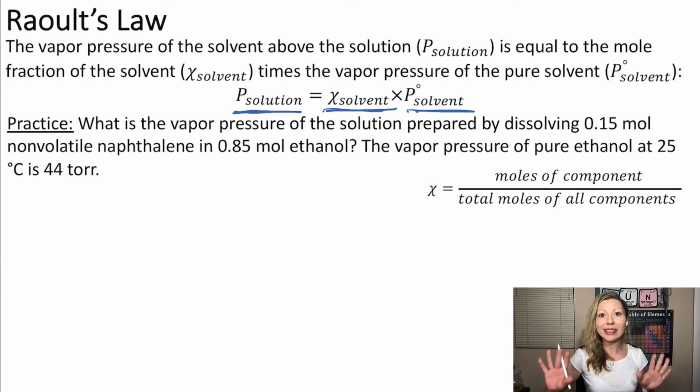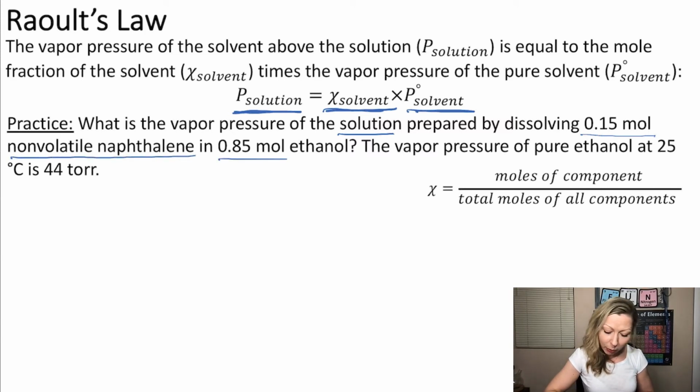Okay, so let's take a look at an example. What is the vapor pressure of the solution prepared by dissolving 0.15 mole of non-volatile naphthalene in 0.85 moles of ethanol? The vapor pressure of pure ethanol at 25 degrees Celsius is 44 torrs.